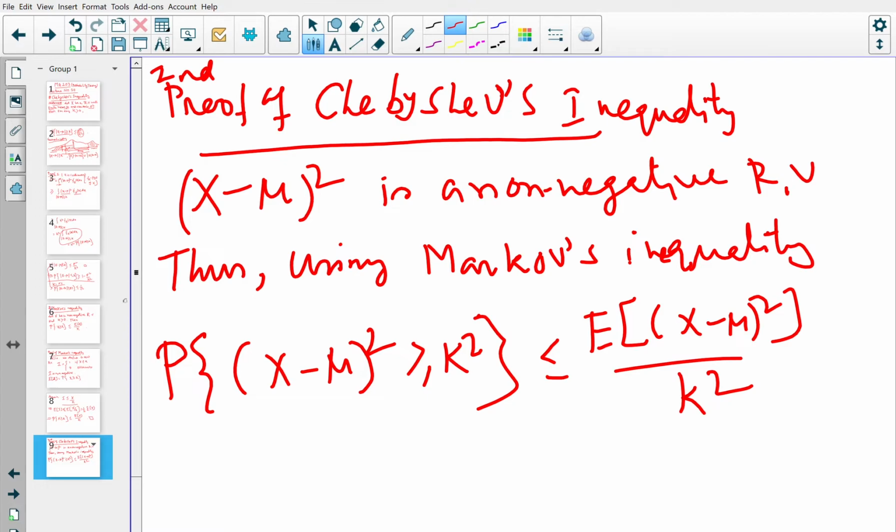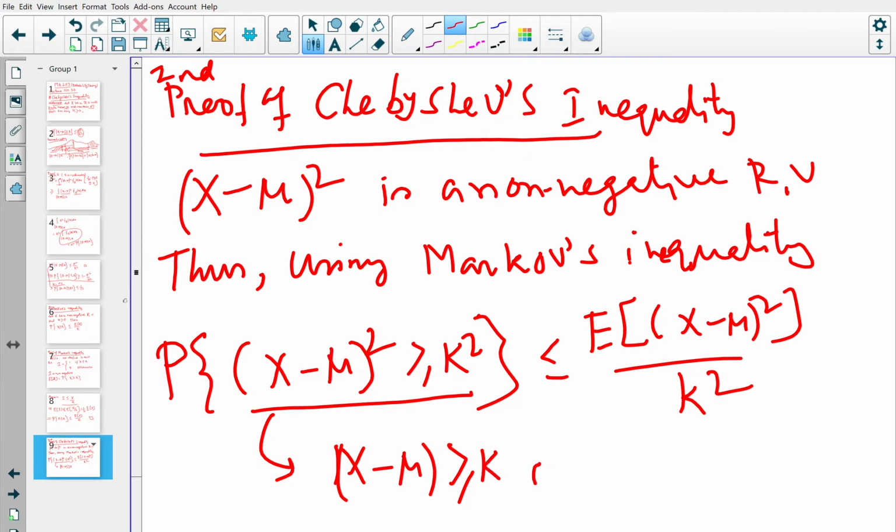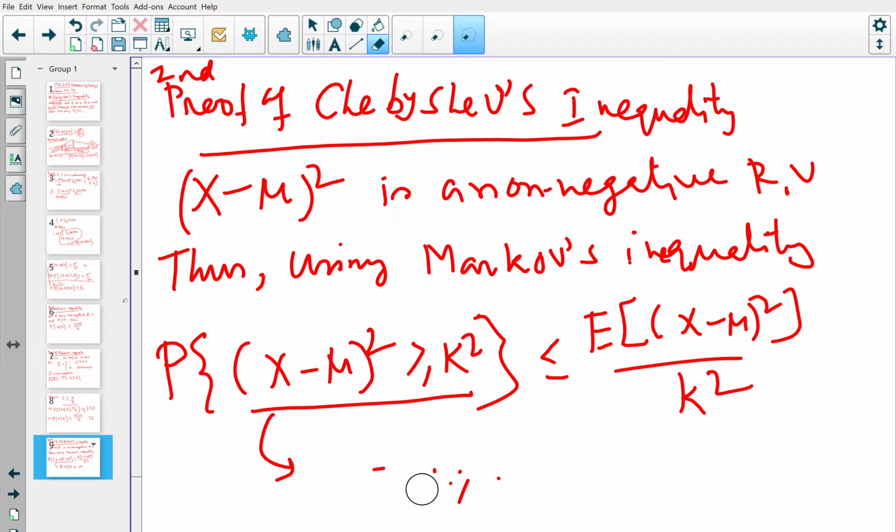But okay, so there are two things. First, what is this random variable? x minus mu whole square greater than or equal to k square.